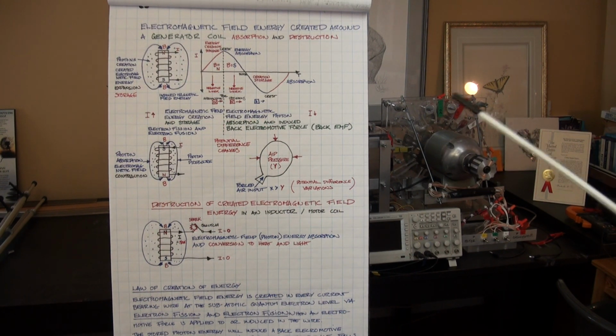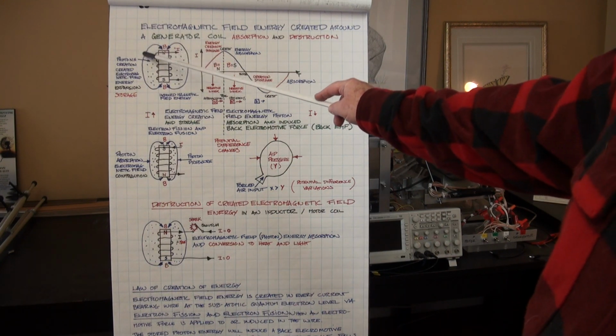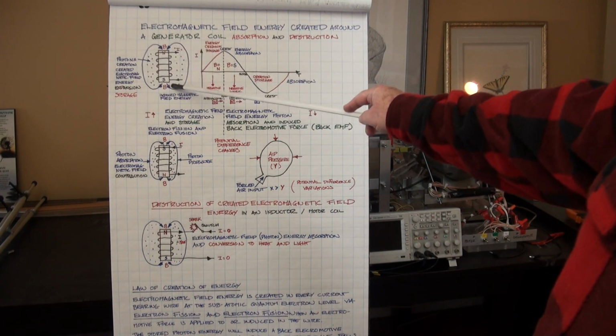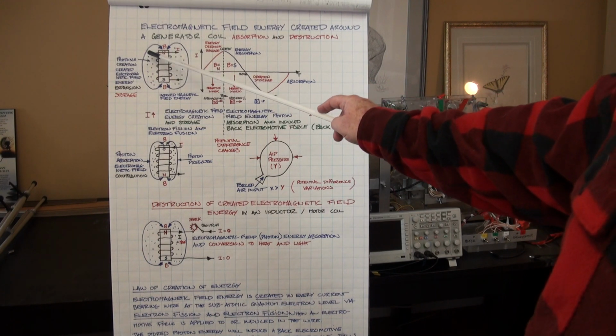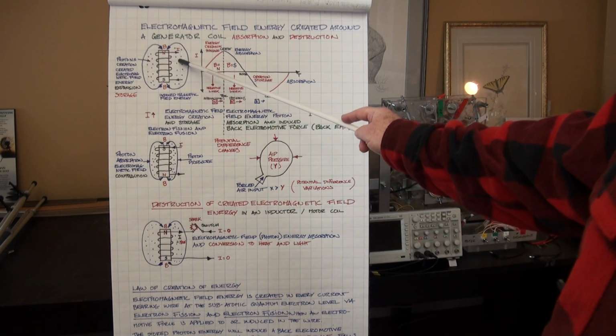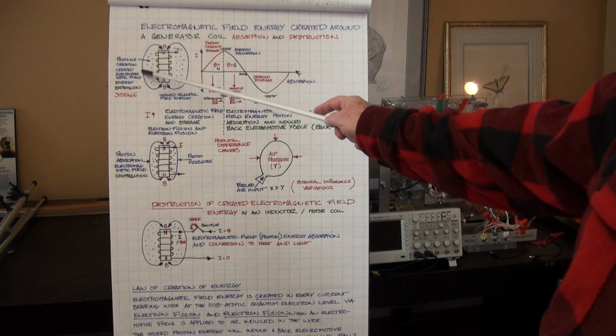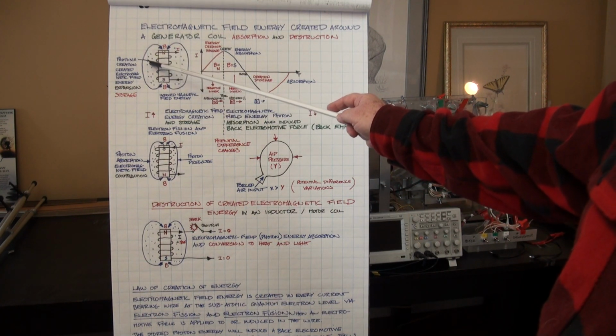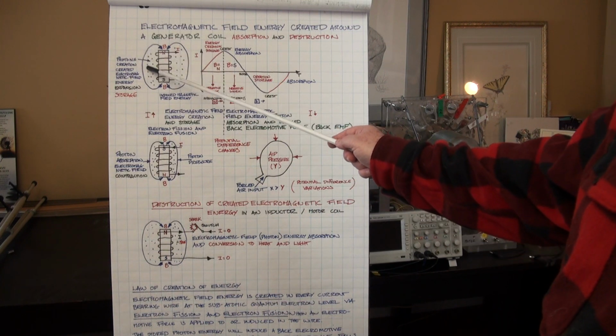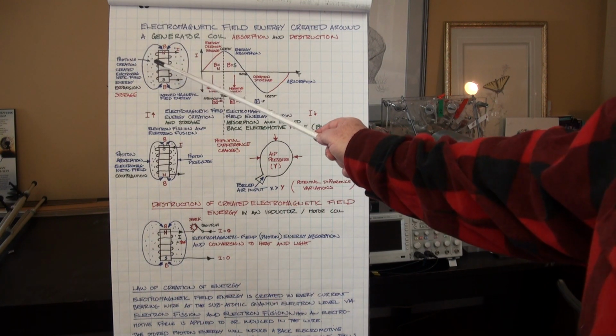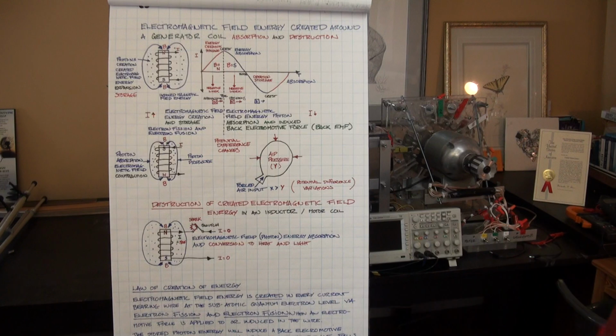In the electromagnetic field around an inductor, a generator coil, or a motor coil, the electromagnetic field is created and populated by photon energy.